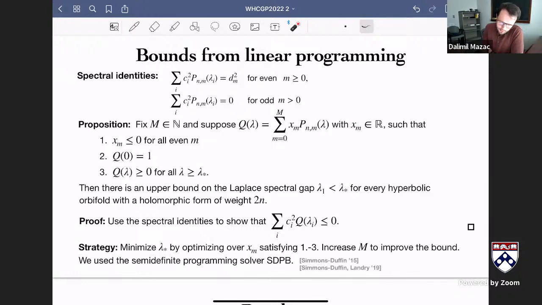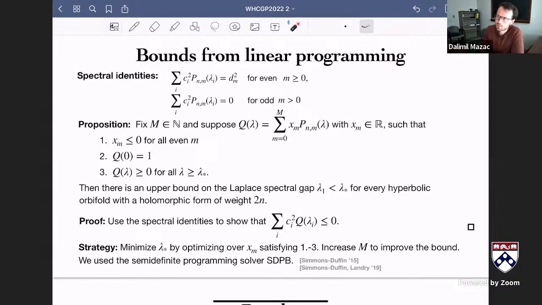You consider this sum of Ci squared times q of lambda i, and because all of the even x's are non-positive, you conclude from these identities that this sum must be non-positive. But that means that there has to be at least one lambda i in the negative region of q. And the negative region of q is bounded between 0 and lambda star. So there has to be at least one Laplace eigenvalue less than lambda star. In other words, we get an upper bound on lambda1.